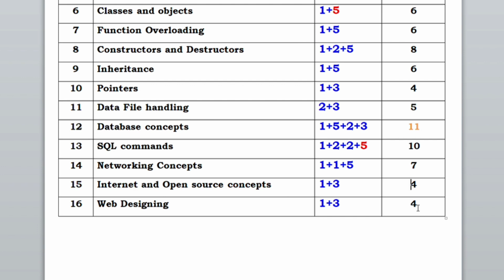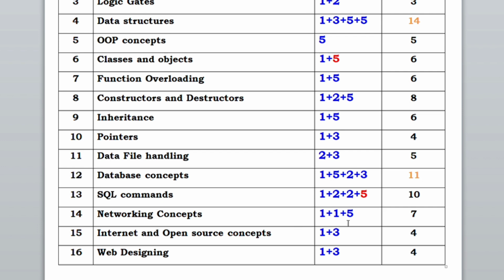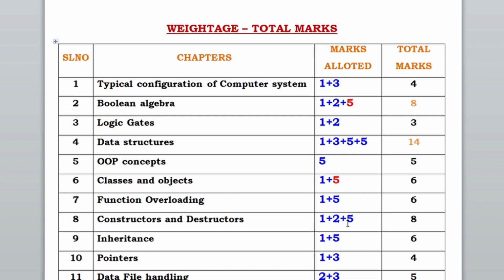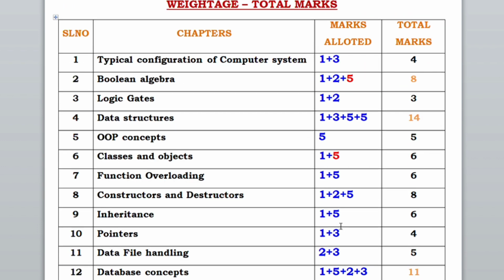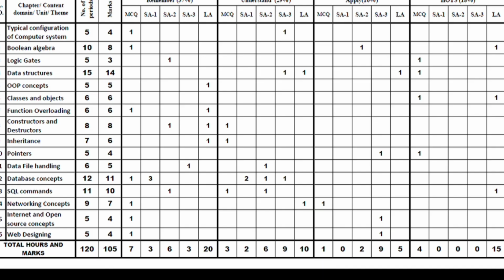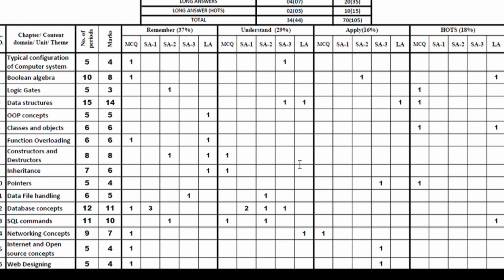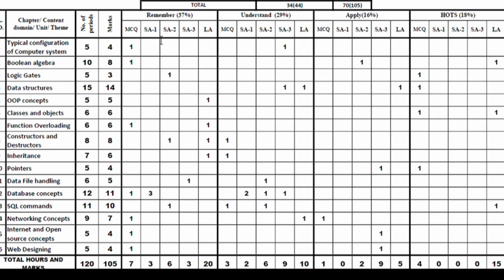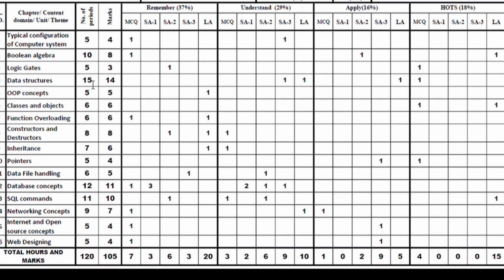Now it's time to understand the model paper with this weightage. So let's see that now. Look at here, we have the blueprint of the first model paper. Just observe the marks column of each and every chapter. So it is like typical configuration 4, Boolean algebra 8 and so on.